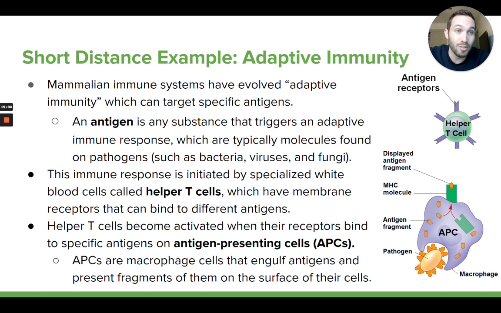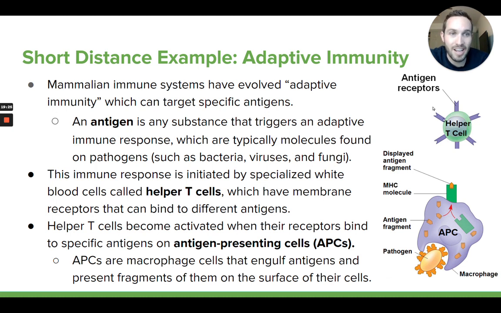So when there's certain types of bacteria or viruses or fungi or just cells that are in our body that aren't supposed to be there, we call those pathogens. And our white blood cells can adapt to that and formulate a specialized attack targeting that specific type of invader. It's pretty cool.